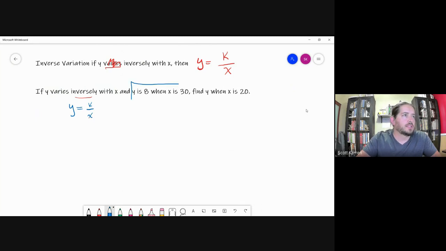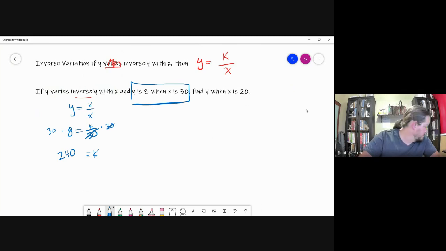But I know that y is 8 when x is 30, so I plug these values in. So 8 equals k divided by 30. I can solve for k by multiplying both sides by 30. That cancels and leaves me with k on the right-hand side. 8 times 30 is 240, and that's my k.